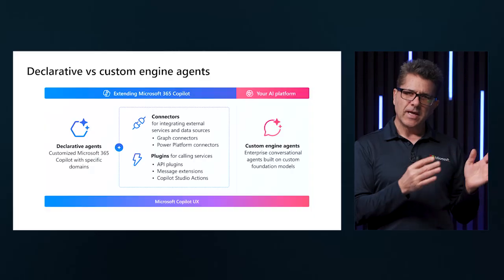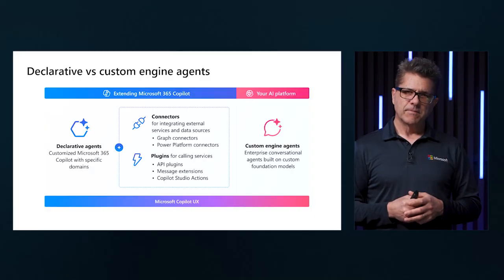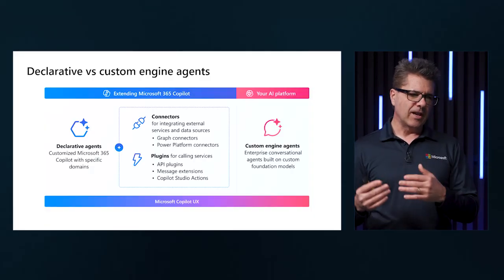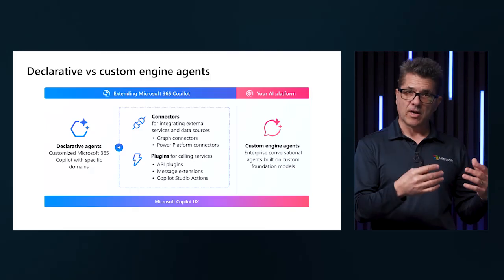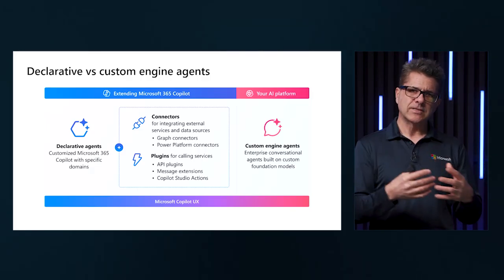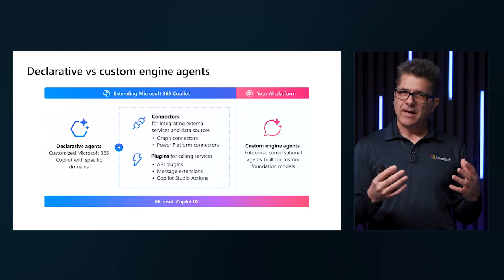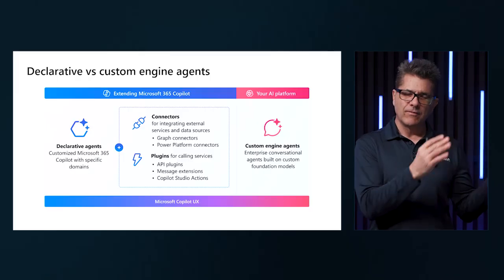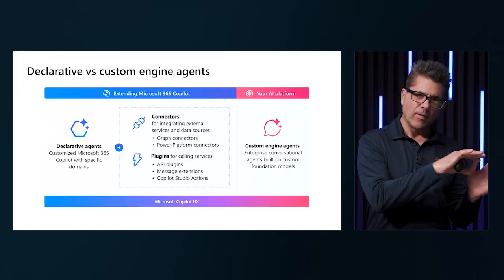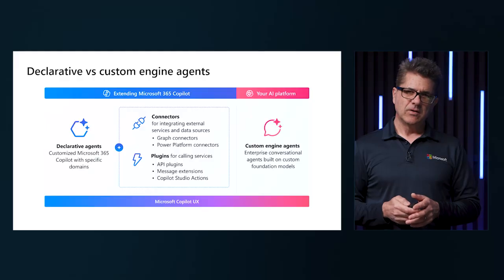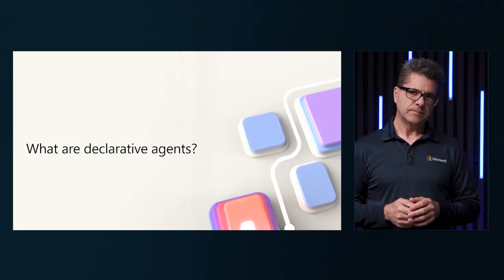Now we have the custom engine agents. Those are going to offer development flexibility, but they're going to be more complex. They're going to require access to specific tools and may not be within the range of every one of your users. More of your development team will be focusing on those.